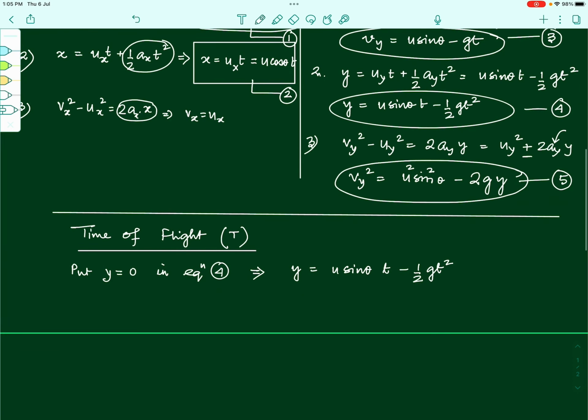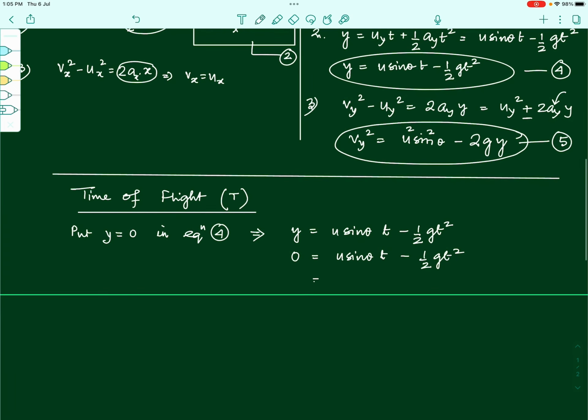When we put y is equal to 0 here, we get 0 is equal to u sin theta t minus half gt squared. We can take a t common on the right hand side and we get t into u sin theta minus half gt, and these two factors have their product equal to 0.